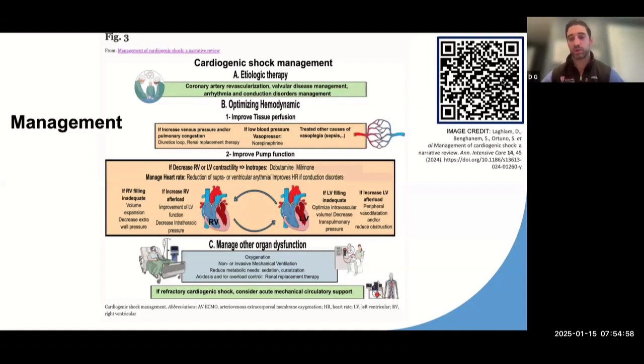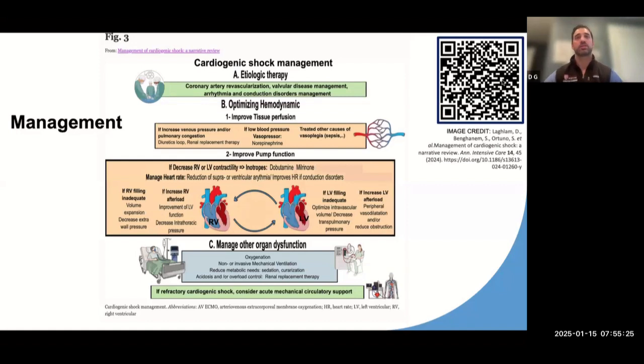And now, obviously, we're in a different situation where our filling pressures are very high. In this case, we're going to have to take away volume whenever he can tolerate diuresis or renal replacement therapy. So in terms of optimizing loading conditions, I think of preload and then afterload. The afterload in this case is his blood pressure, and his blood pressure is too low, so we need to restore perfusion pressure.